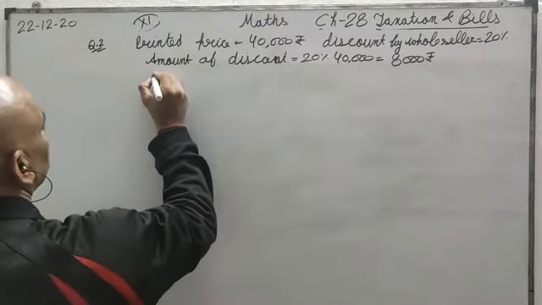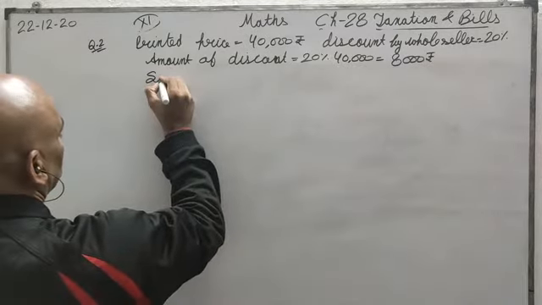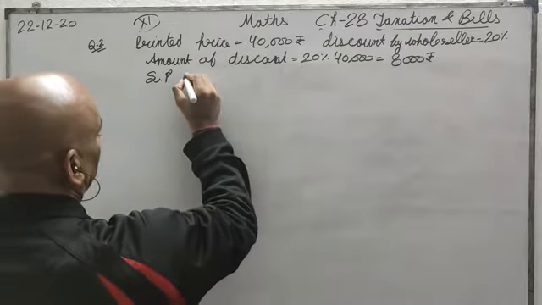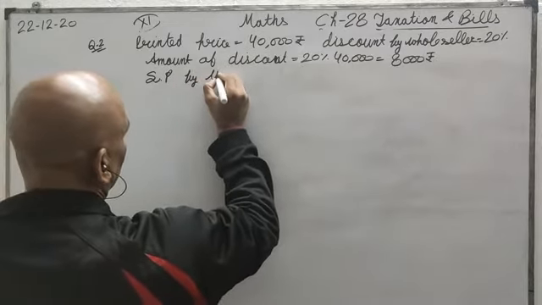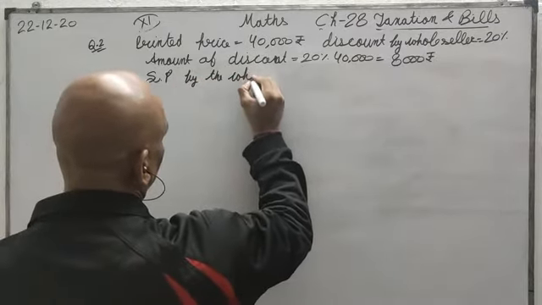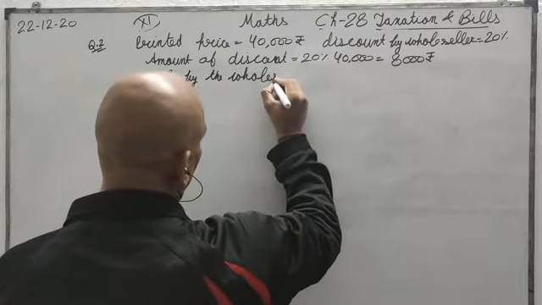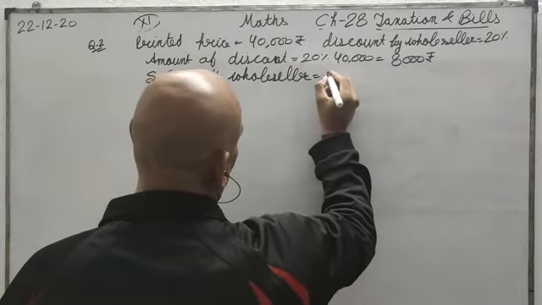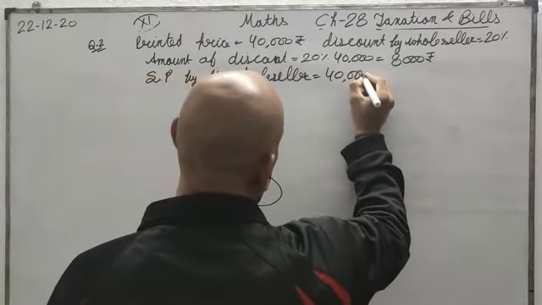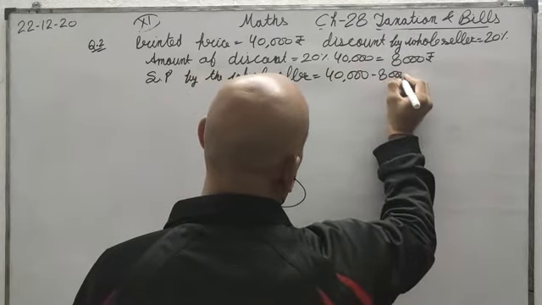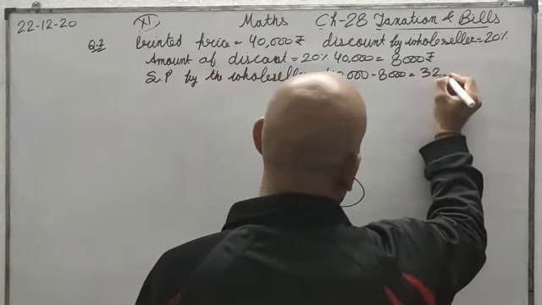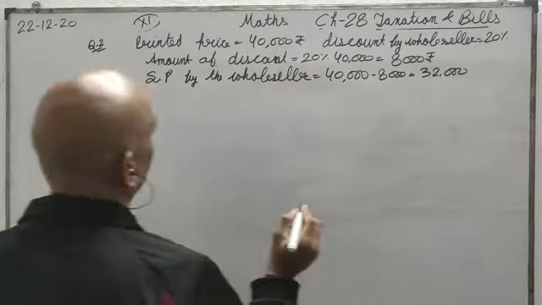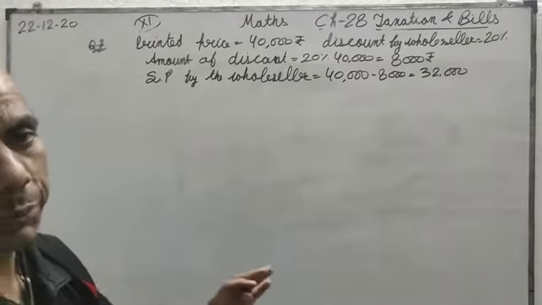So selling price by the wholesaler, 40,000 minus 8,000, that is 32,000. Now on this 32,000 he will have to pay tax.